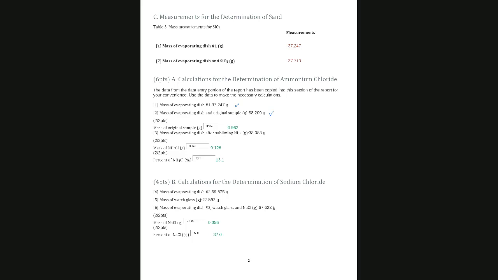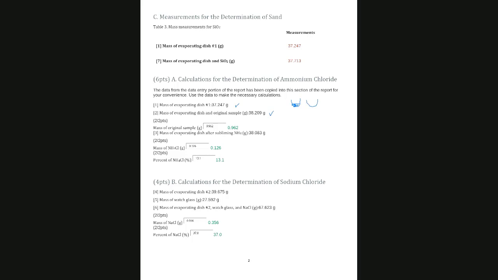If they give you the mass of the evaporating dish and the sample, and the mass of just the evaporating dish, how do you calculate it? Subtract the mass of the evaporating dish from the mass of the evaporating dish and original sample.